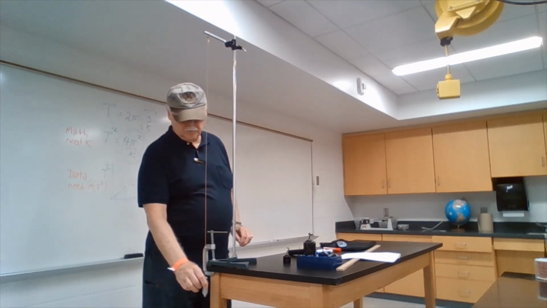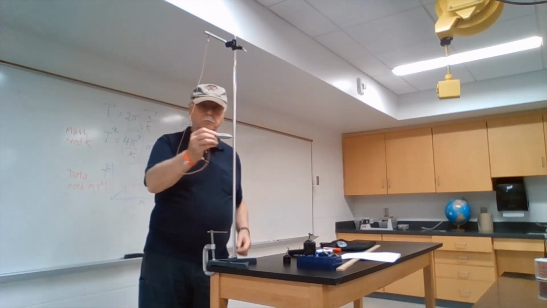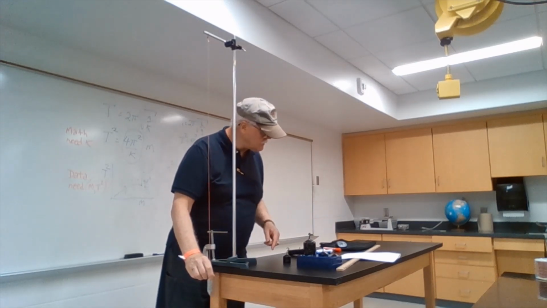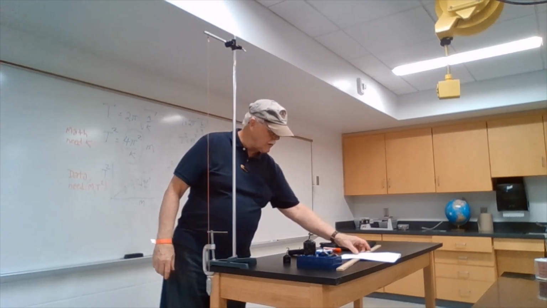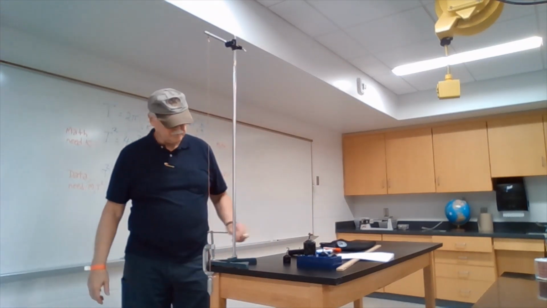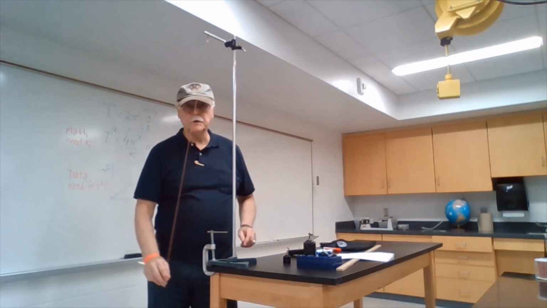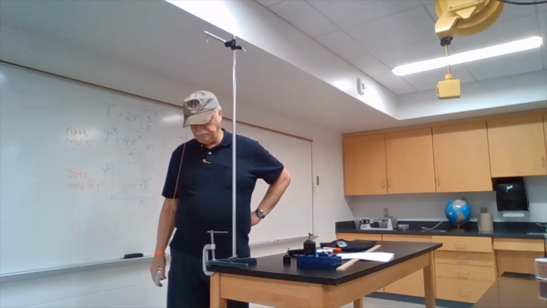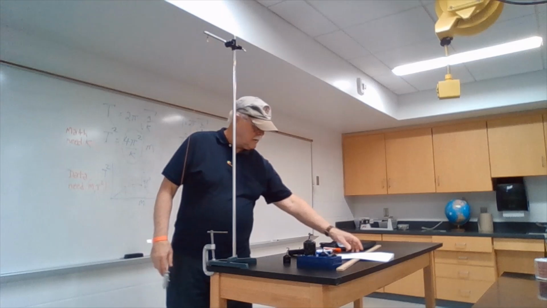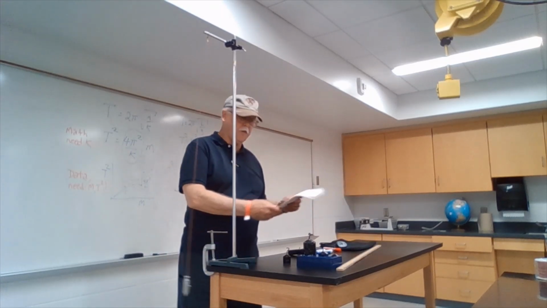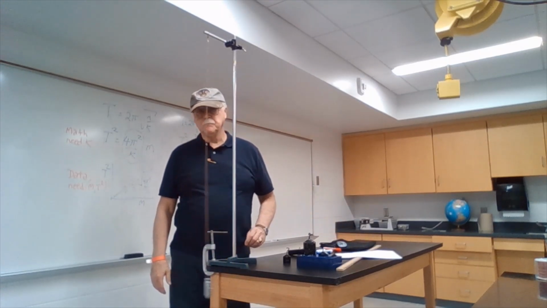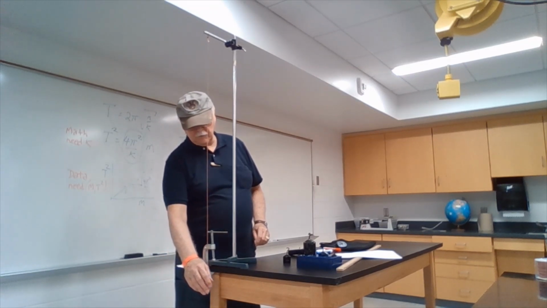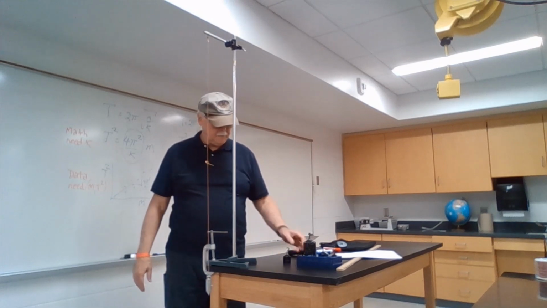So I'm going to take the mass of this first weight. This first weight is probably going to be, let's see, what do I have for it? I think I have 100 grams. So I'm going to put it in motion and time it. Now the experiment says time this thing for 30 cycles. So we'll get pretty accurate on the period of the pendulum swinging.